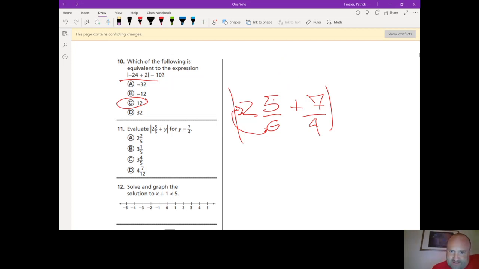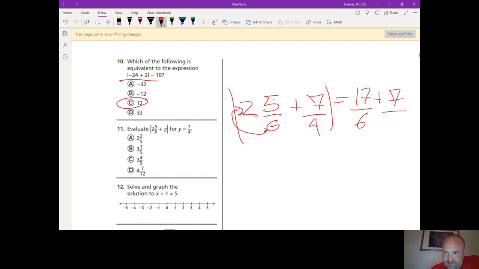So we have 17 over 6 plus 7 over 4. Now, since these denominators, the bottom numbers, are not identical, we want to make them into one identical thing.